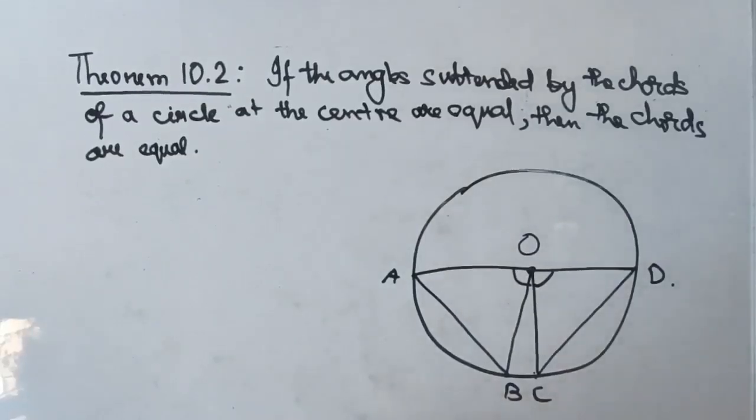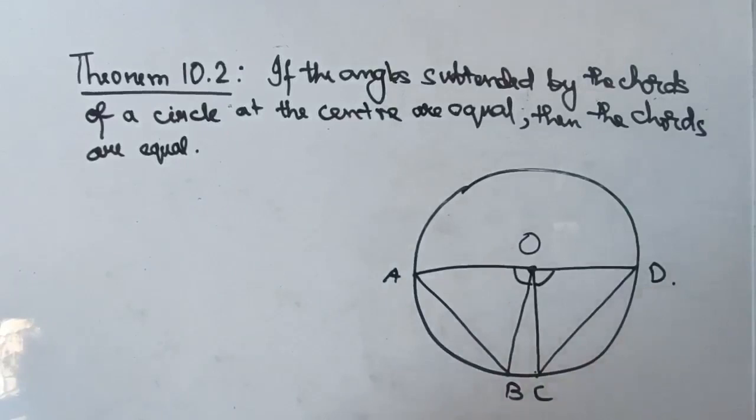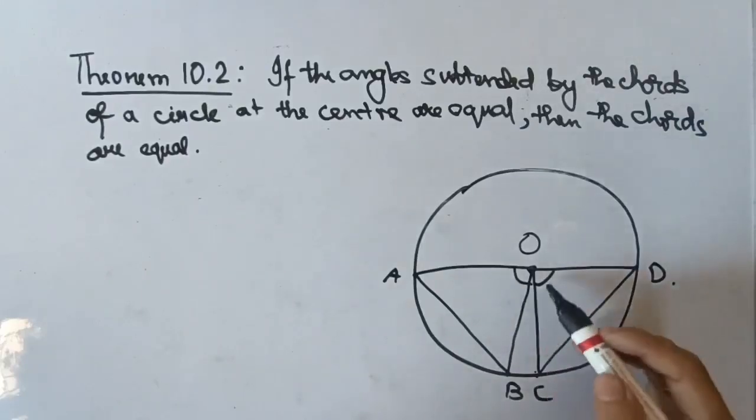Next is theorem 10.2, which is the opposite of theorem 10.1, and it says if the angles subtended by the chords of a circle at the center are equal, then the chords are equal. So there is a circle with center O, AB and CD are the two chords subtending an equal angle at the center.